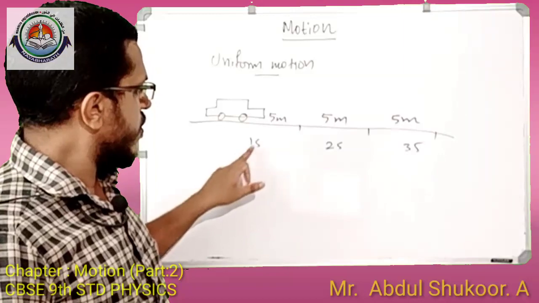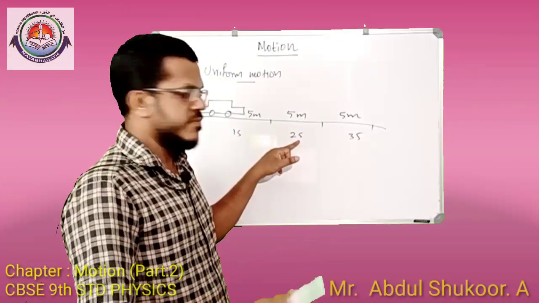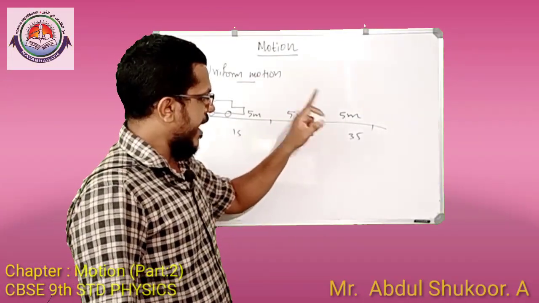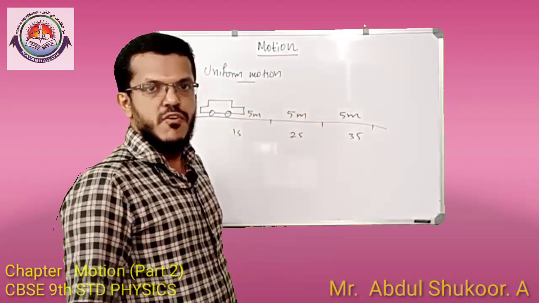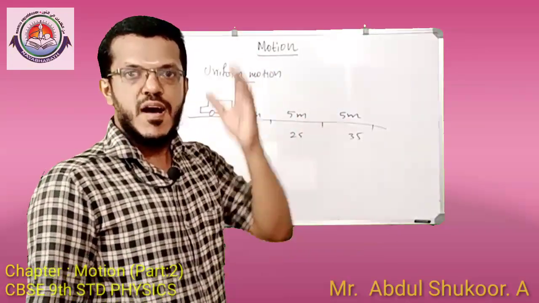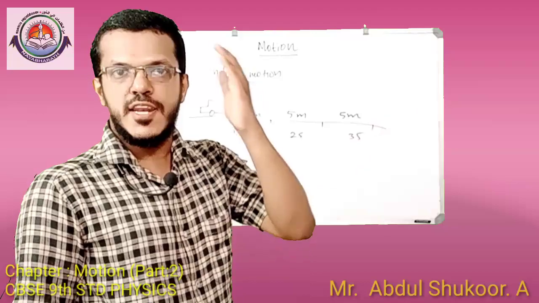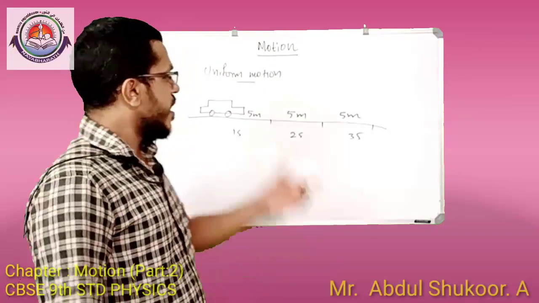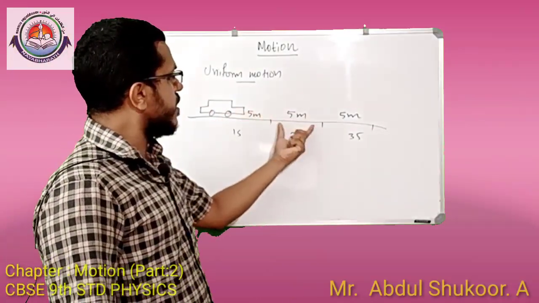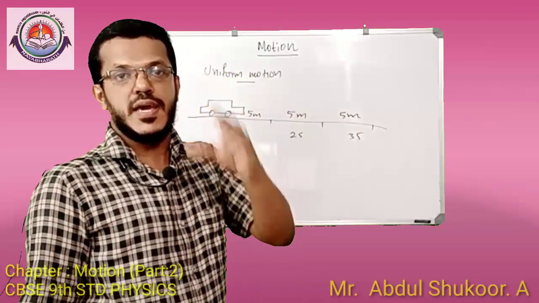In the first second, 5 meters. Next second, 5 meters. Third second, 5 meters. Fourth second, 5 meters. That means the car covers equal distances in each second.